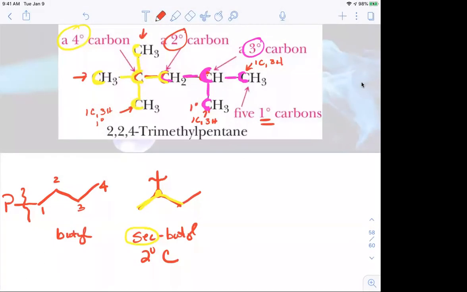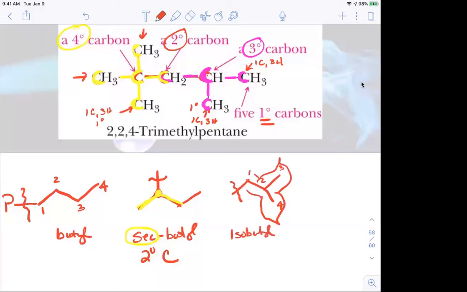Iso, remember, was just where I have my whale tail. So this is 1, 2, 3, 4, and this is where it's connected, and I have my whale tail. So this is isobutyl.